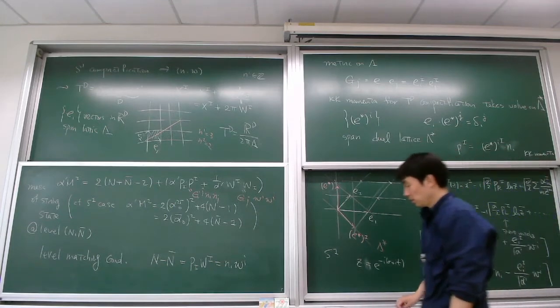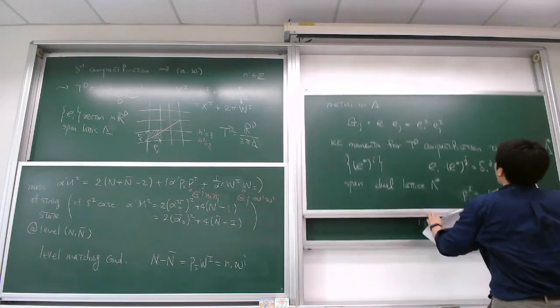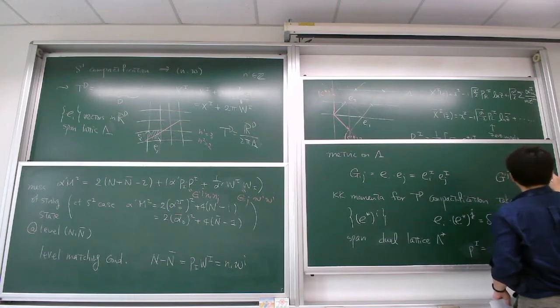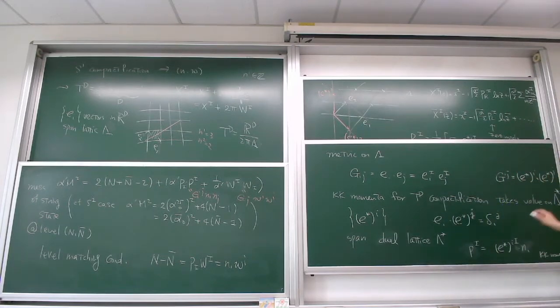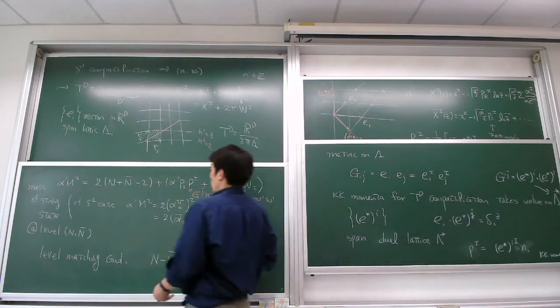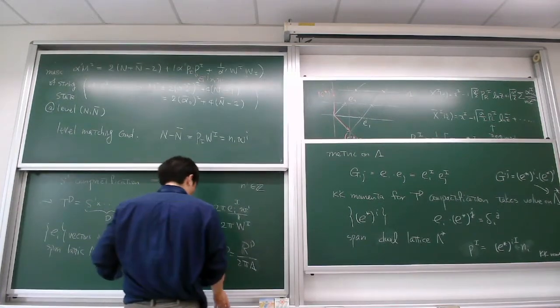So in other words, I defined G_ij here, and it is the metric of the dual lattice. Okay, good.